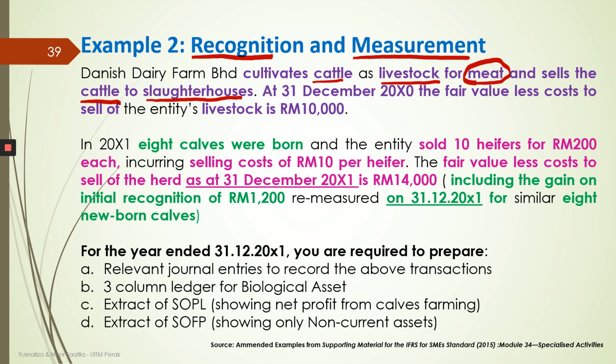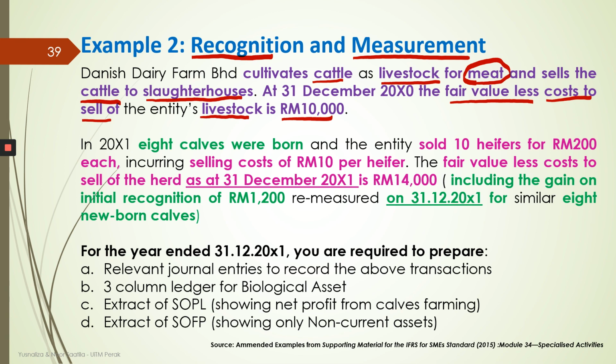As at 31st of December 20x0, the fair value, which is the measurement required by MFRS 141, less cost to sell of the entity's whole livestock, which is the cattle, is 10,000.